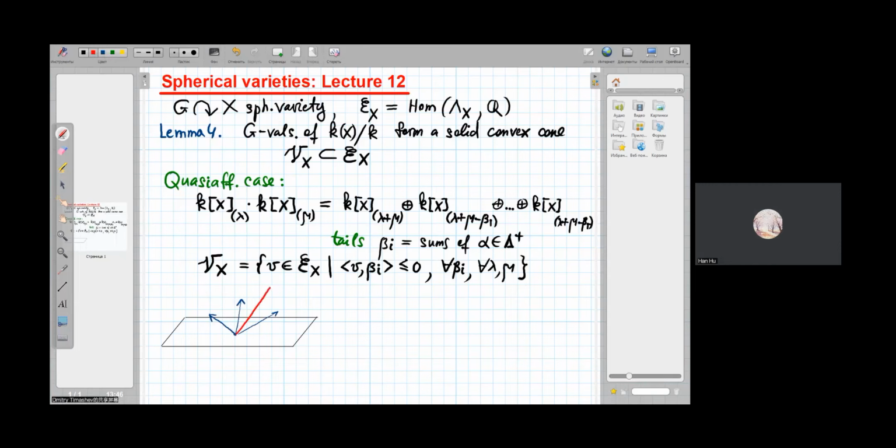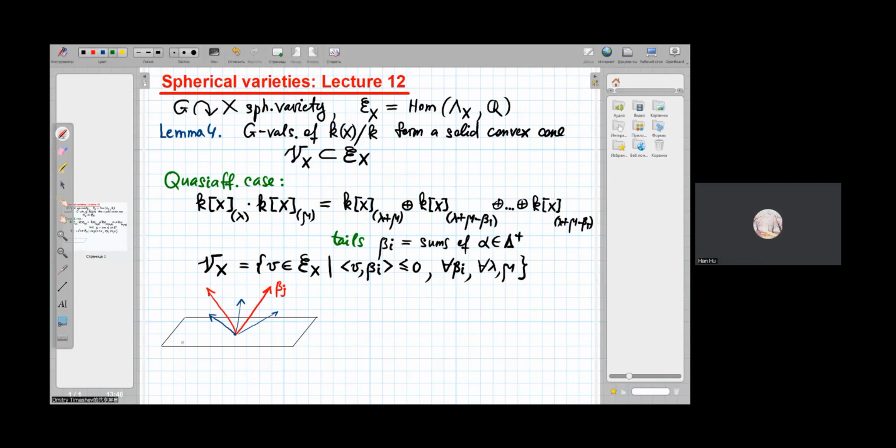For instance, this vector and maybe this vector. These are tails, beta j's. And the cone given by these linear inequalities sits in the dual vector space.